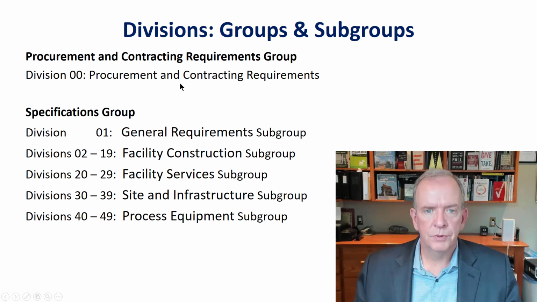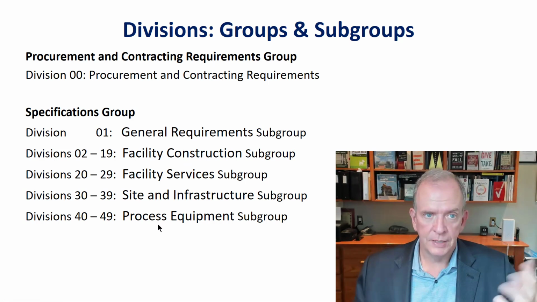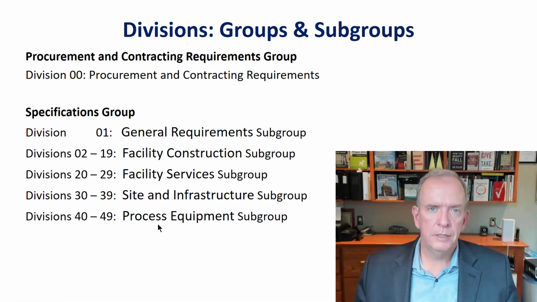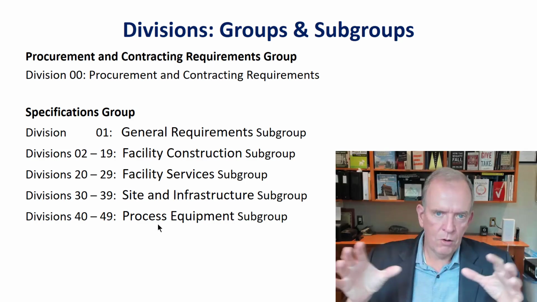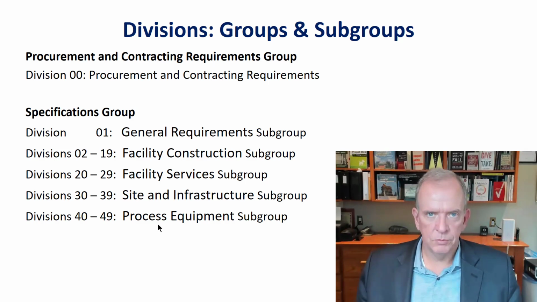So the 0 is just procurement and contracting requirements, like what we were talking about. And then general requirements is Division 1. And then we go up to 49. The 16 division format goes only up to 16. The 16 division format, I believe, you can correct me if I'm wrong, dates from around 1960. And it separated all the information into 16 groups.